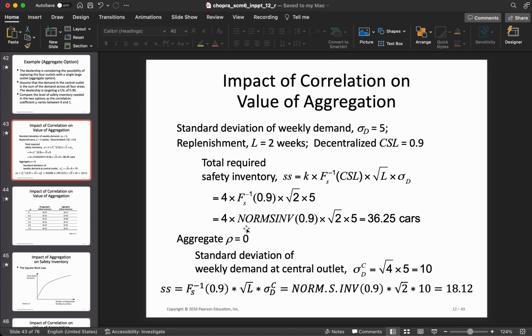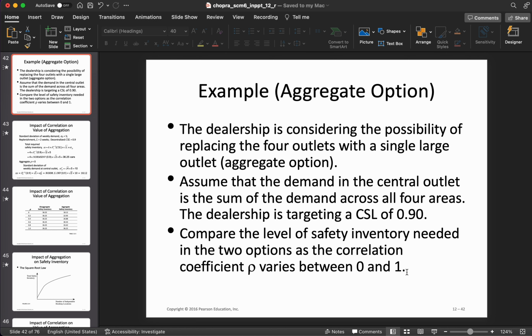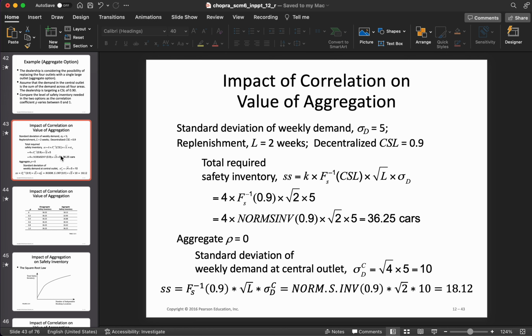Now, the problem says to look at different values of correlation between 0 and 1. So let's initially look at the case when the correlation coefficient is 0, in which case the standard deviation of demand at the central outlet, because you have aggregated everything into a single place, will be 10.